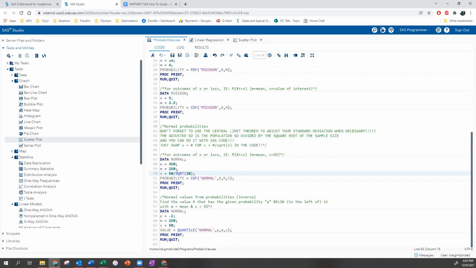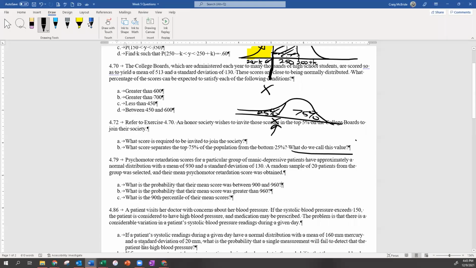That mathematically divides by the square root of 20, which keeps it more precise than doing 50 divided by the square root of 20 in your calculator and plugging it back in. I don't think the question's standard deviation was 50, it was 130, but as an example, instead of calculating 130 divided by the square root of 20 on your calculator, you could just write S equals 130 divided by SQRT of 20, and it'll do it that way.